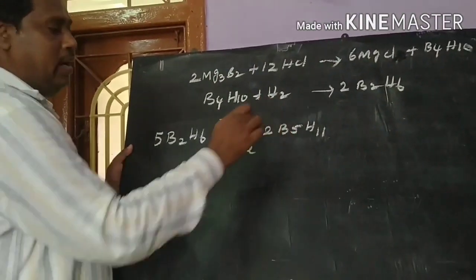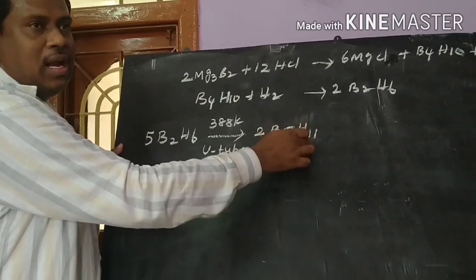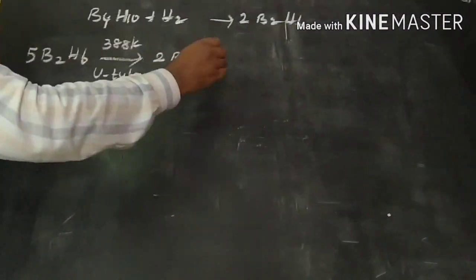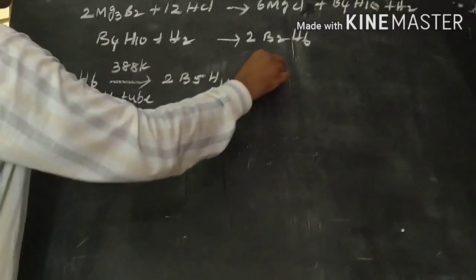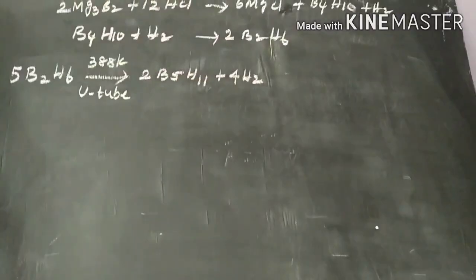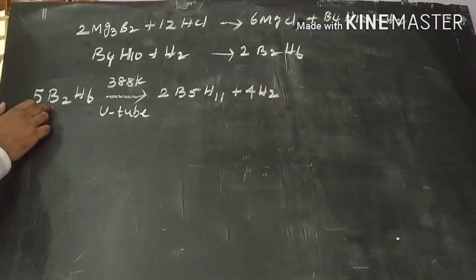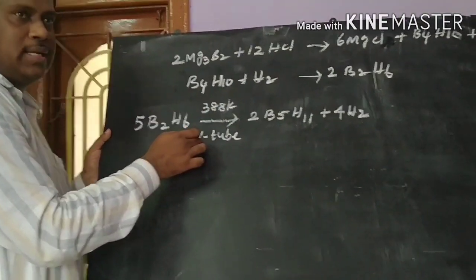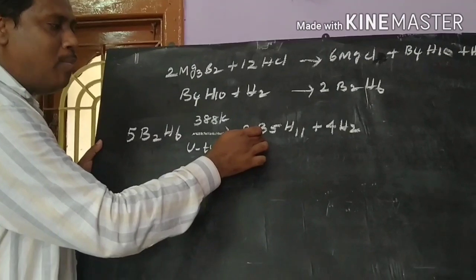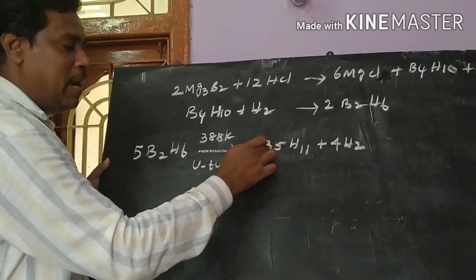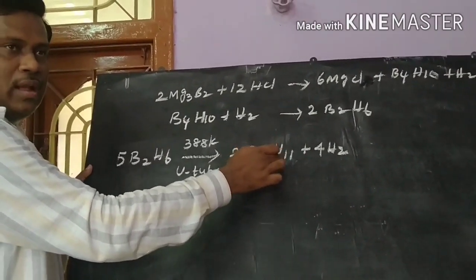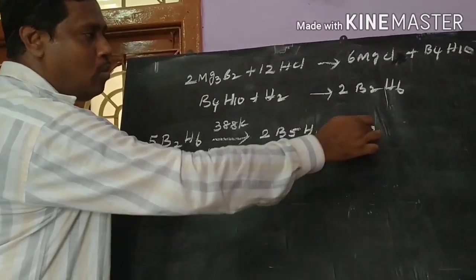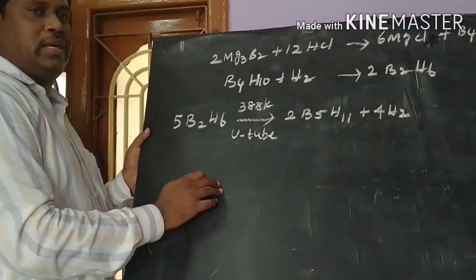Hydrogen count is 11. Pentaborane plus 4 moles of hydrogen gas is liberated.